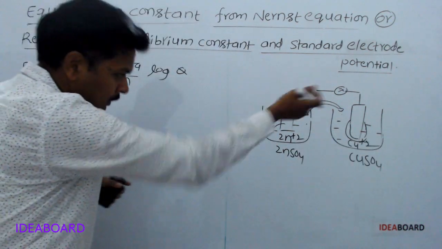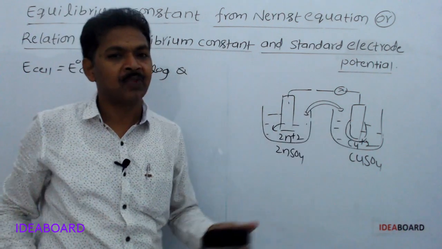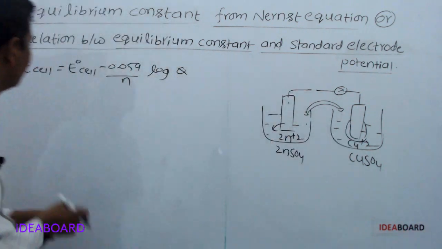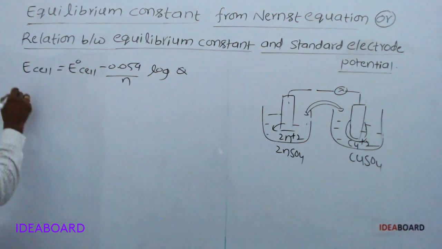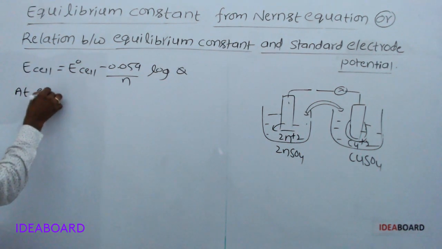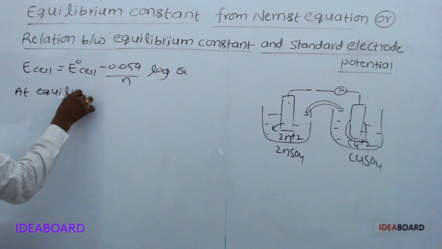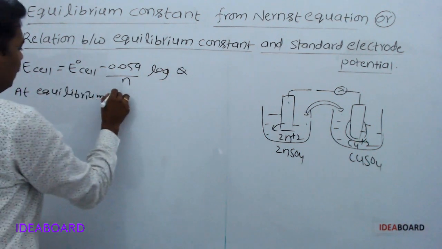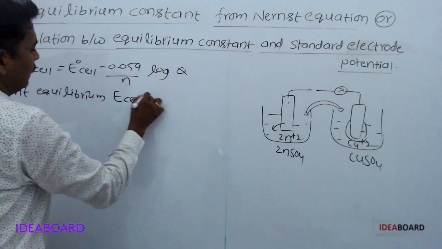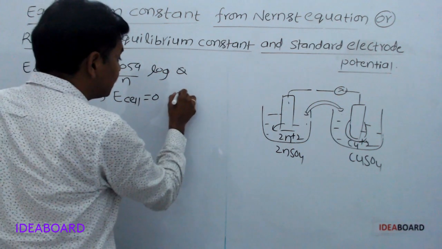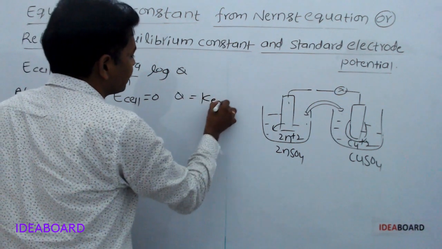Electromotive force of cell is nothing but cell potential of the cell. Cell potential of the cell becomes 0 at equilibrium, and this Q becomes equal to K.